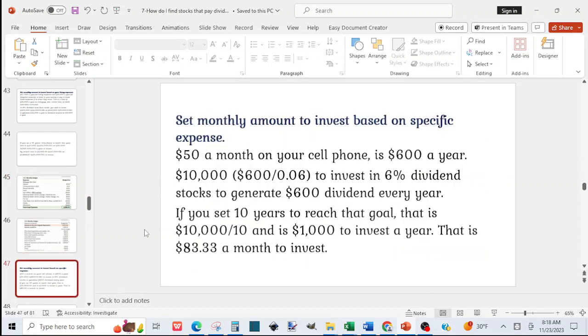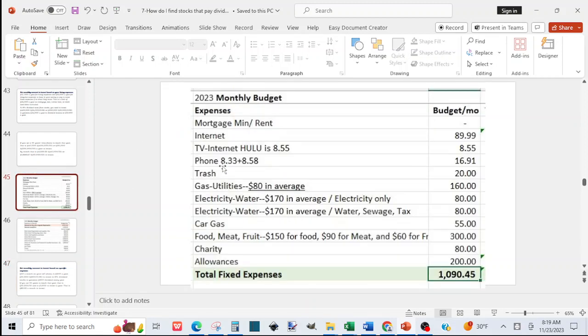So in this, we have an example here. We pick $50 a month on a cell phone, which is not what we pay for cell phone now, but it used to be. We use Telo, and it costs about $8 a month, my husband and I. But we used to have Verizon, and it cost us around $150 a month.